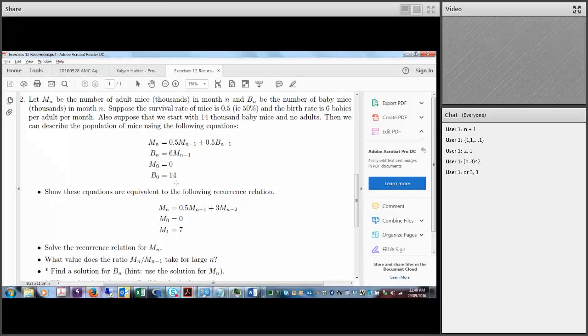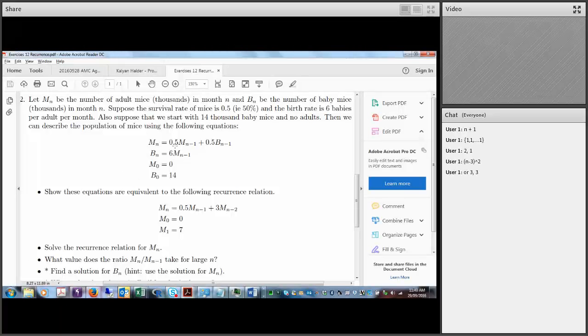Although there's lots of them dying, lots get born too. And so the birth rate is 6 babies per adult per month. So the number of babies born is equal to 6 times the number of adults. Babies can't breed, but adults can. So these first two equations really are just capturing the 0.5 from the M_n, which is the survival rate of adults.